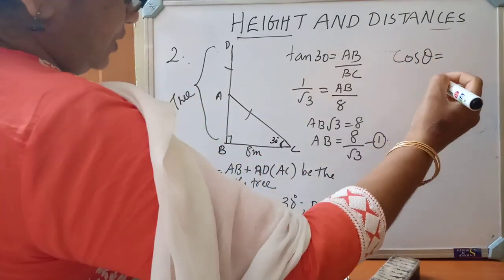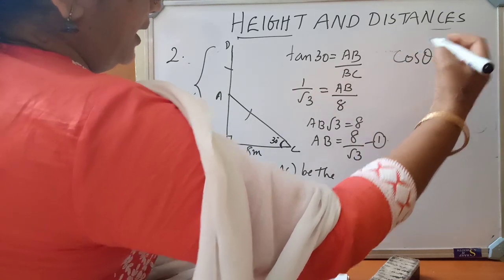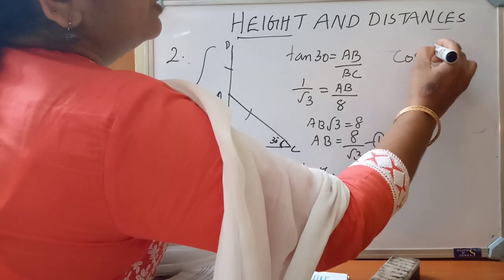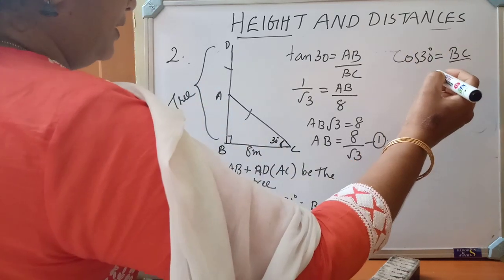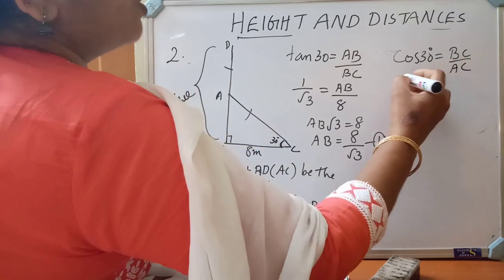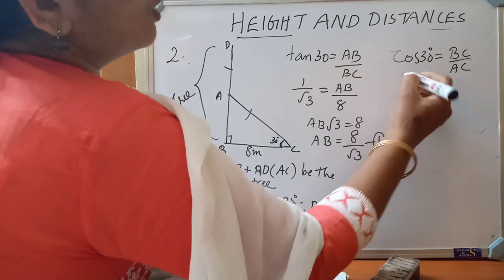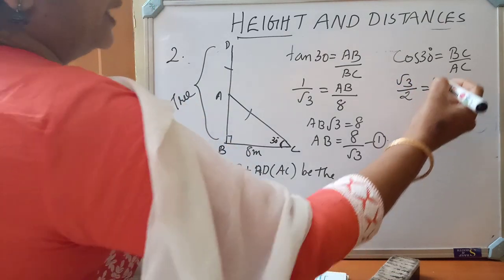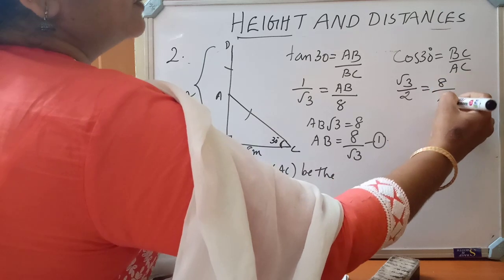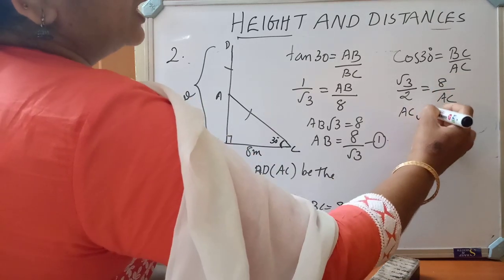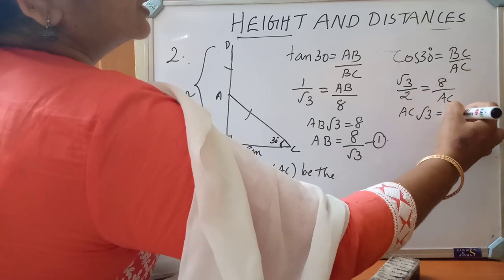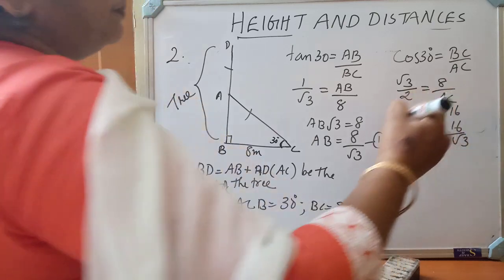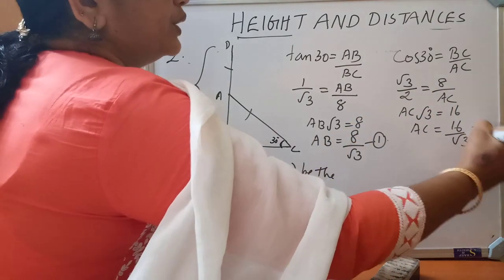Cos 30 is equal to adjacent by hypotenuse, that is BC divided by AC. So sin 30 is 1 by 2, cos 30 is root 3 by 2, is equal to BC 8 divided by AC. So AC root 3 is equal to 8 twos are 16. So AC is equal to 16 divided by root 3. So this is equation number 2.